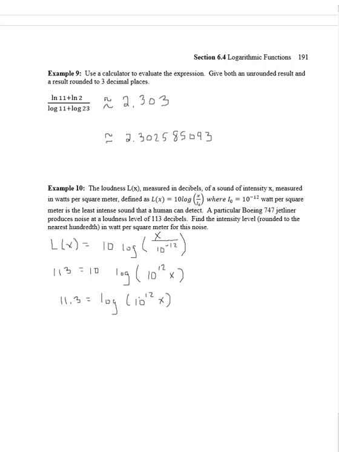So let's change that into exponential notation. So we have log base 10, so we have 10 to the 11.3 equals 10 to the 12 times x. Then we have to divide both sides by 10 to the 12th, so we get 10 to the 11.3 over 10 to the 12th equals x.